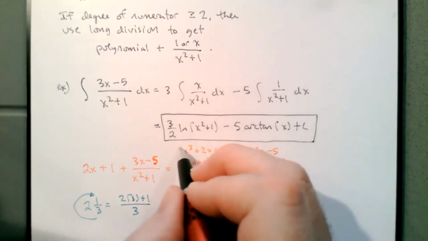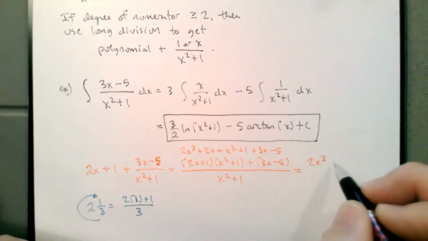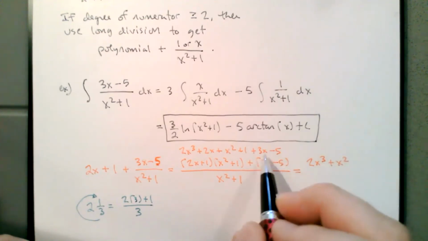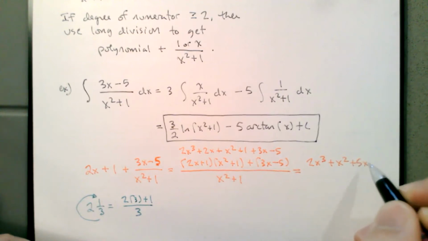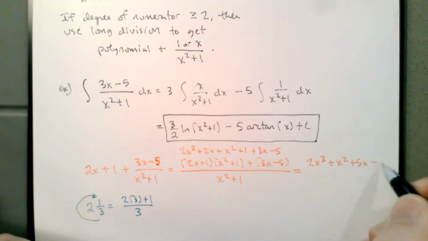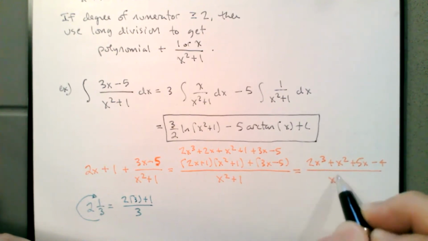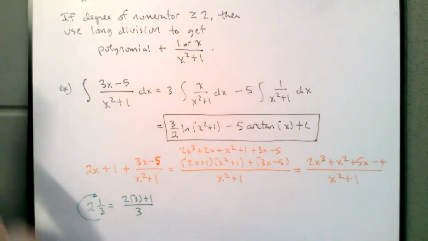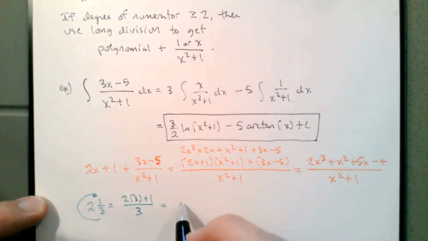So the problem that I actually hand you is going to be 2x cubed plus x squared, 3x and 2x is plus 5x, minus 4. I just put that together in the same way that 2 times 3 is 6, 6 plus 1 is 7/3.